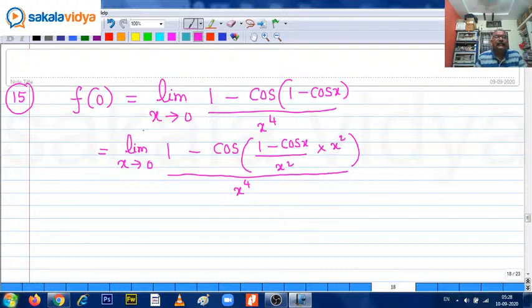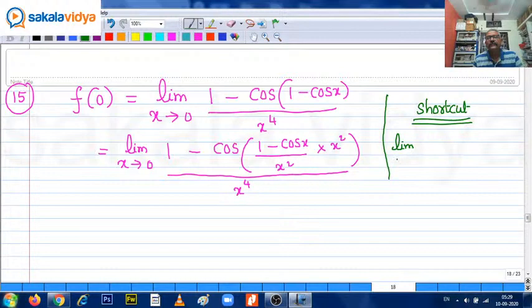As we have the wonderful shortcut, which we have already discussed, this is the shortcut we need to remember: limit x tends to 0 of (1 minus cos mx) upon x squared is m squared by 2.